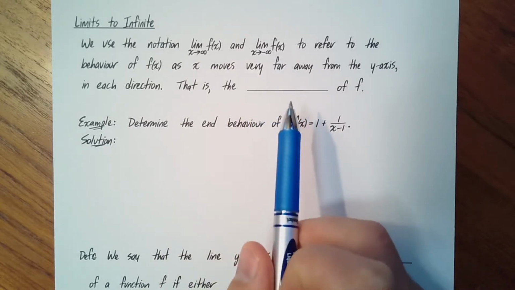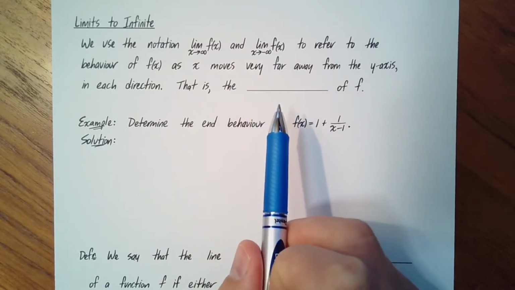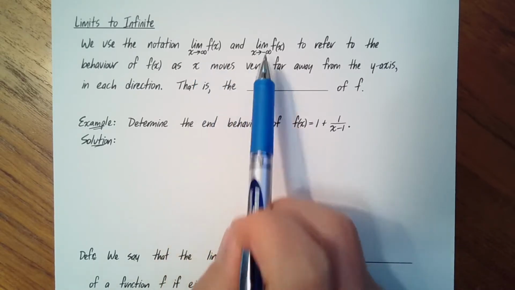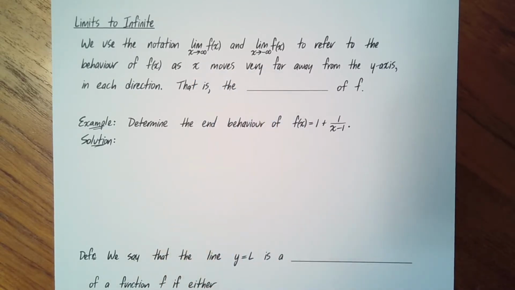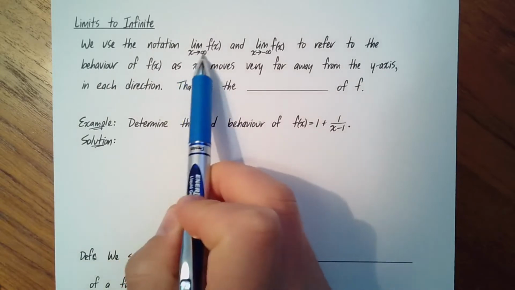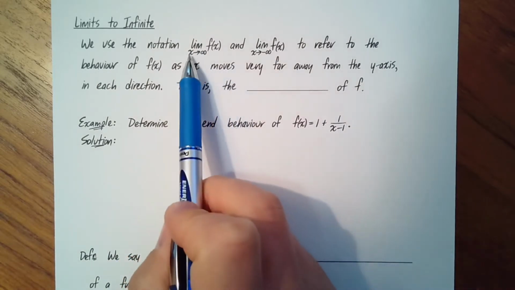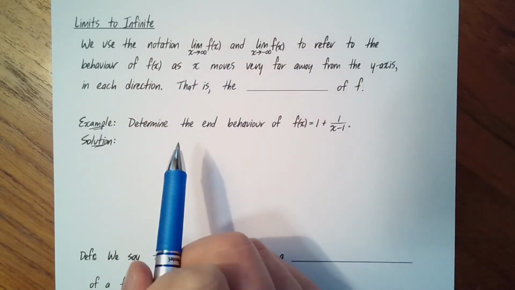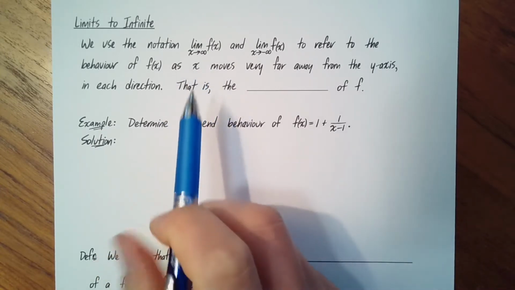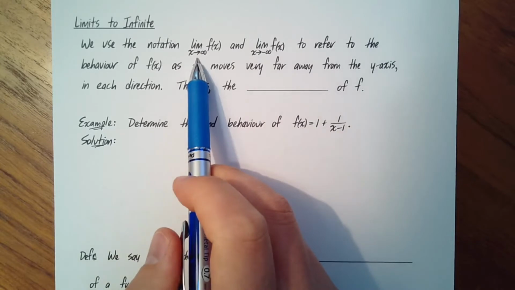And I want to make one thing clear at this point. Don't misunderstand this to mean that we're somehow now going to introduce infinity and negative infinity into our number system. They are not numbers, they're just concepts or ideas, right? If I write x approaches infinity, the idea I'm trying to describe is that x grows very, very large, or x explodes in the positive direction, or x gets arbitrarily large in the positive direction.